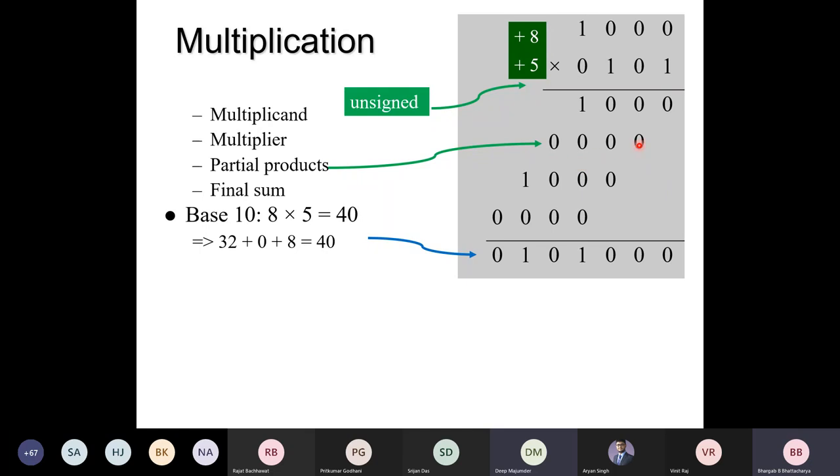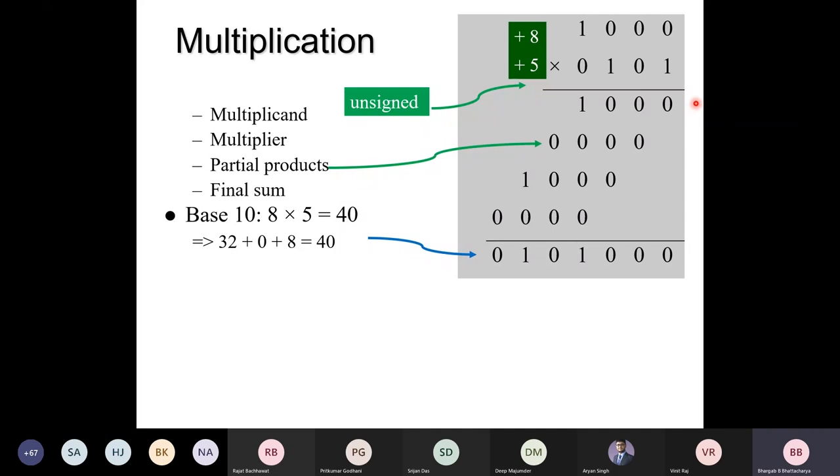If that digit is 0, then it's 0. If it's 1, it's just the multiplicand, but shifted that many positions. That means in logical terms, what operation are you doing? Left shifting. No, logic operation.